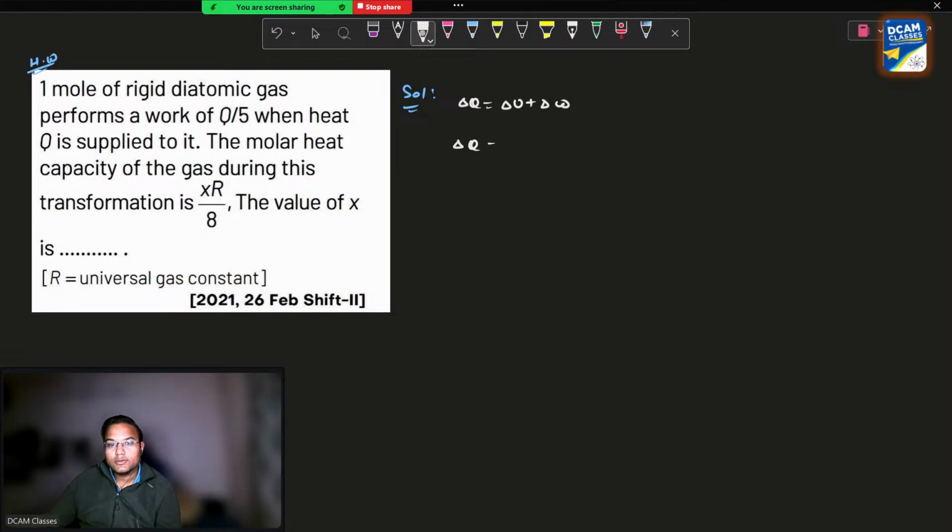So delta Q is equal to delta U plus Q by 5. Q is supplied, means Q is equal to delta U plus Q by 5. So delta U we are getting is Q minus Q by 5, 4Q by 5.